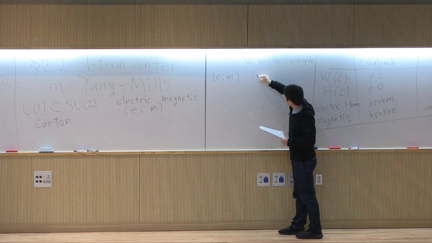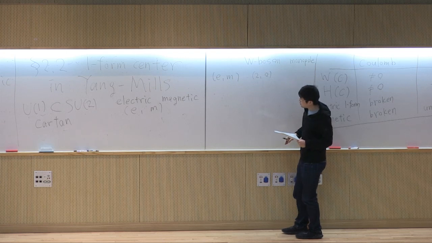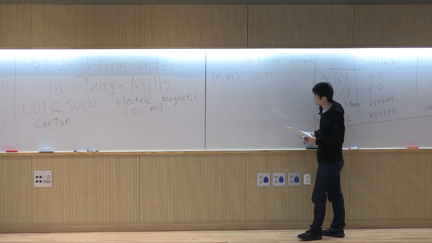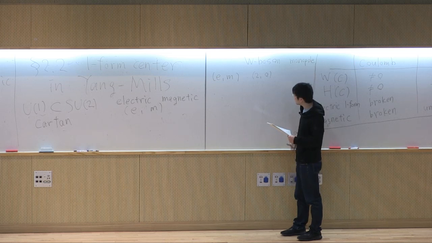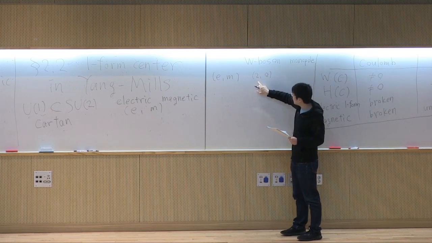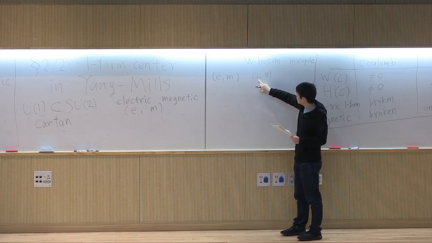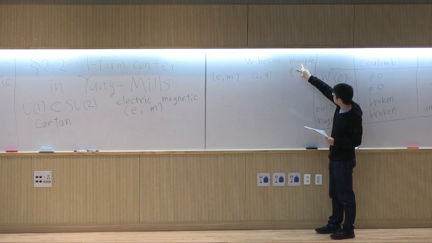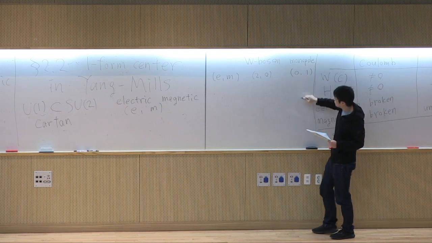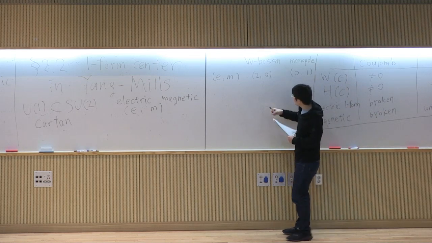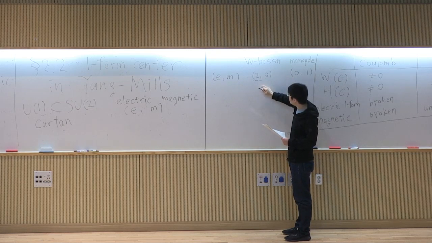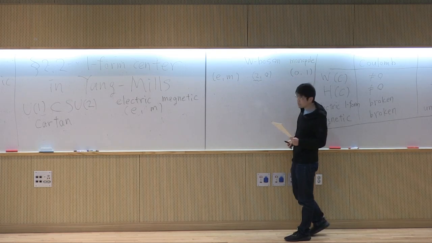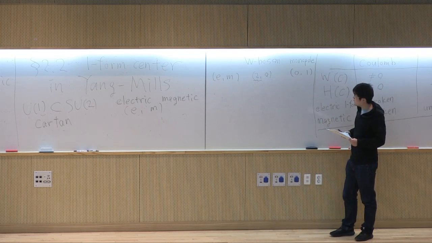Then this W boson, if you very carefully study the normalization of the U(1) gauge field, then it turns out that the W boson has electric charge 2. And of course, it has magnetic charge 0. And also, the monopole has electric charge 0 and magnetic charge 1. Now, the point is that here, the W boson charge is a multiple of 2. And it turns out that all other particles have electric charges which are multiples of 2.